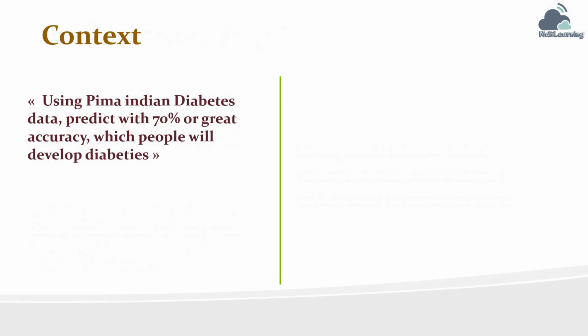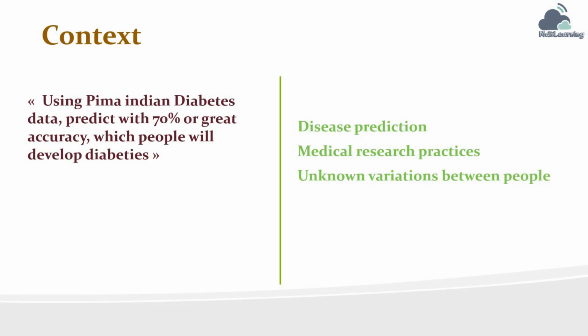The context in which the prediction will be used needs to be considered, since this can drive decisions on data to capture and mold. For example, we are predicting disease. What does it mean to predict disease? Does it mean we are absolutely sure about the prediction? What are the common practices in the field of medical research? In medical research, we see that there are many variables in each individual, and many of these are unknown with respect to how they affect the probability of developing a disease.